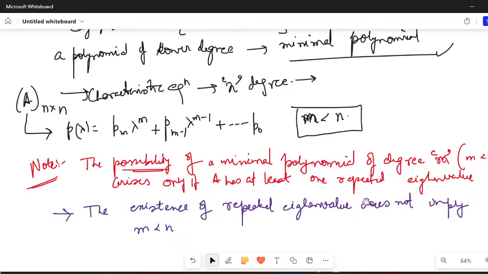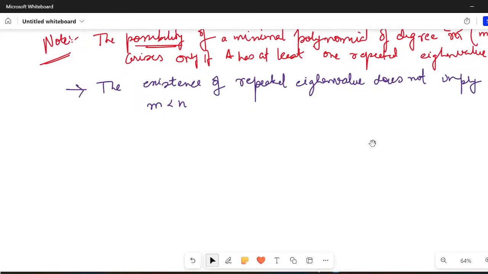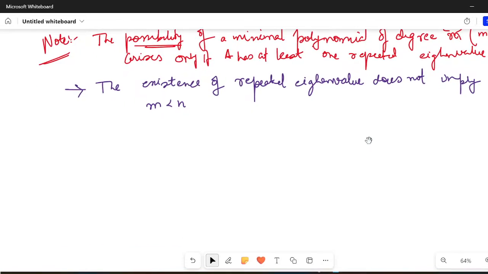Right now I'm not telling how to find the minimal polynomial; I'll supply you with the minimal polynomial so that you can verify.